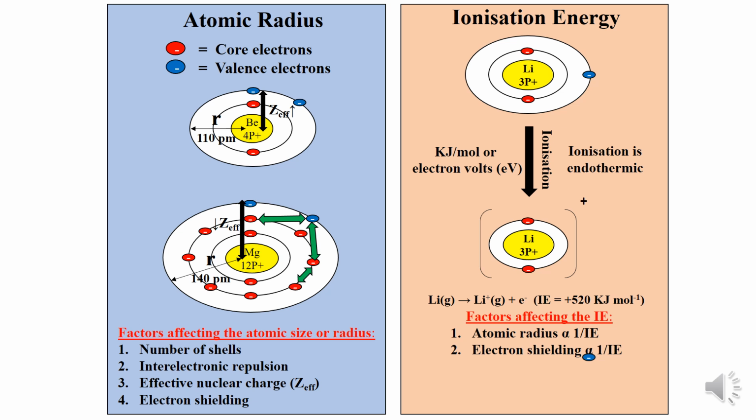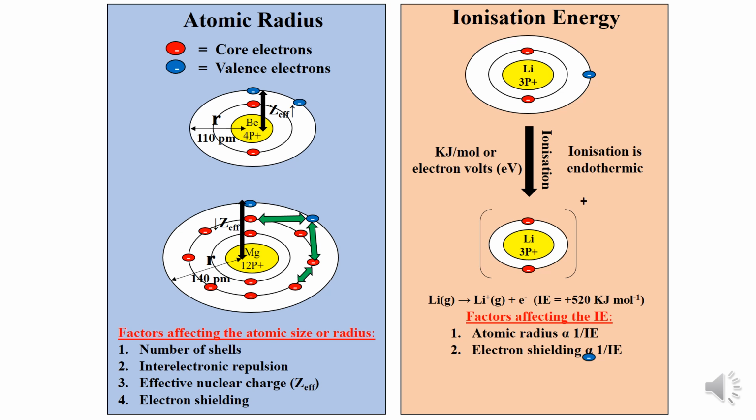As a result, the distance between the nucleus and the outermost valence shell will be more, and the outermost valence electrons will experience the least attractive force, because each shell acts as a shield and reduces the electrostatic force of attraction between the nuclear protons and the outermost valence electron, as in case of magnesium and beryllium. So in case of magnesium, shielding is more. In case of beryllium, shielding is less.